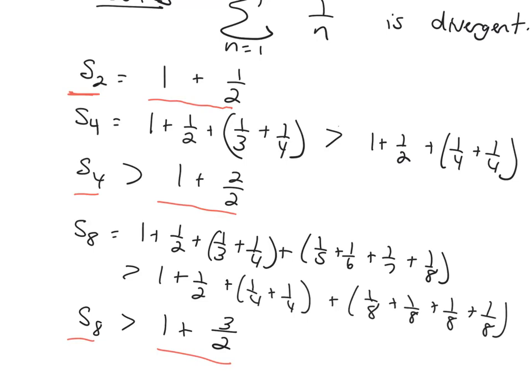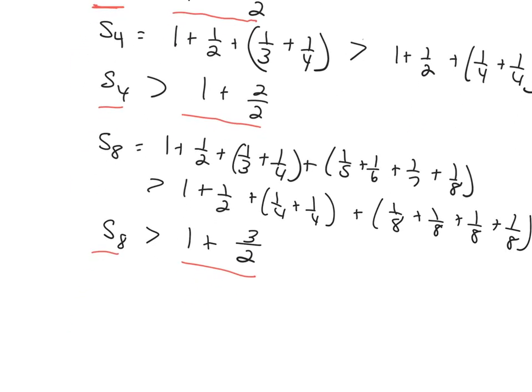So I took powers of 2 in my partial sums. And it's giving me these nice bounds. It's not a formula, but what I just learned is that S sub 2 to the n is bigger than 1 plus n over 2.